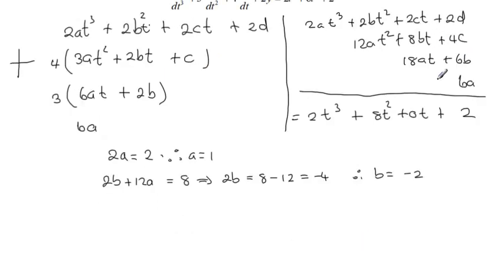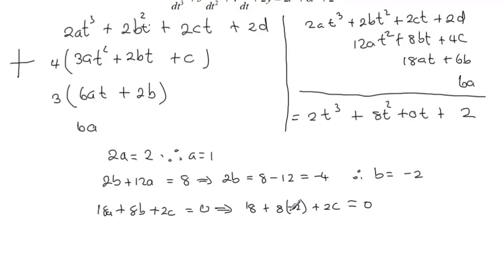Now coming to the linear term, we now have got b and a, and here we've got 18a plus 8b plus 2c. That is our linear term, that is equal to 0. But already we have got here that a is equal to 1, so this means that we've got 18 plus 8 times b, which is minus 2, so minus 16, plus 2c equals 0.